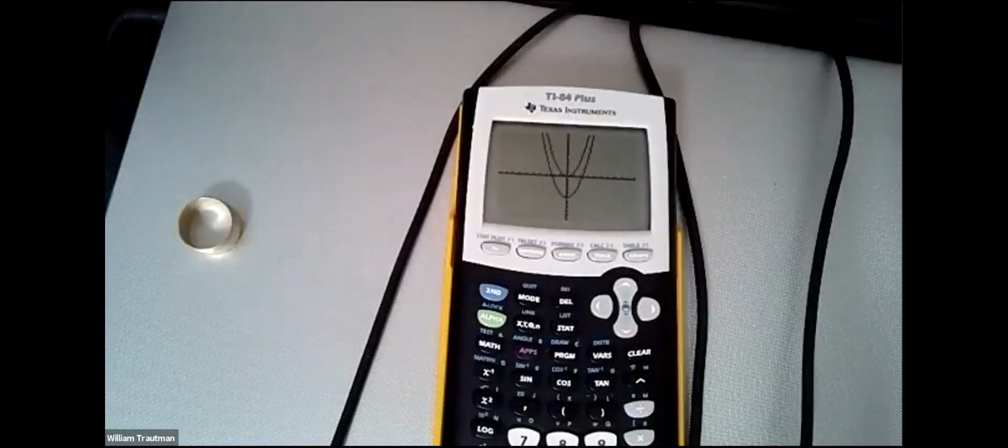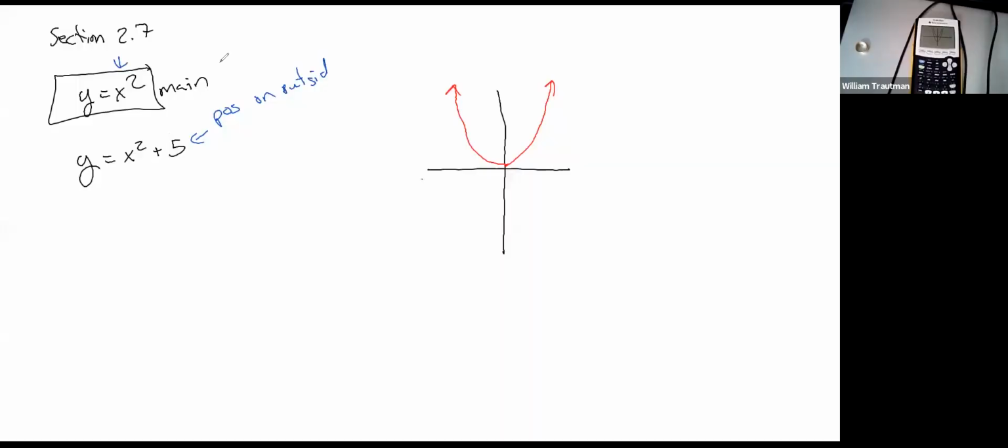So let's go back to our whiteboard. A plus 5 on the outside, a positive on the outside, moves the graph up. Y equals x squared minus 5: a negative on the outside moves the graph down.